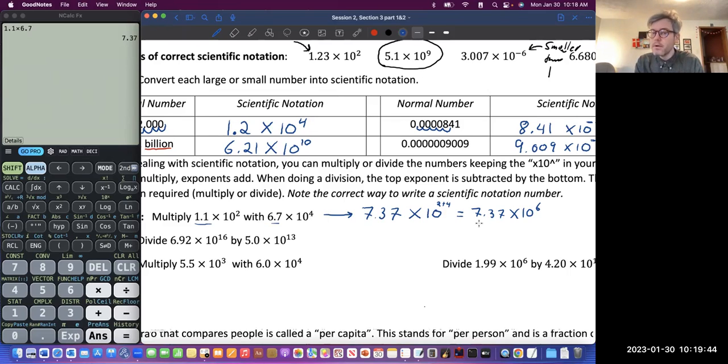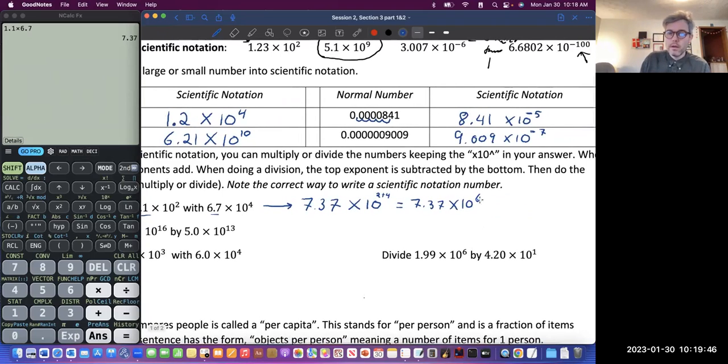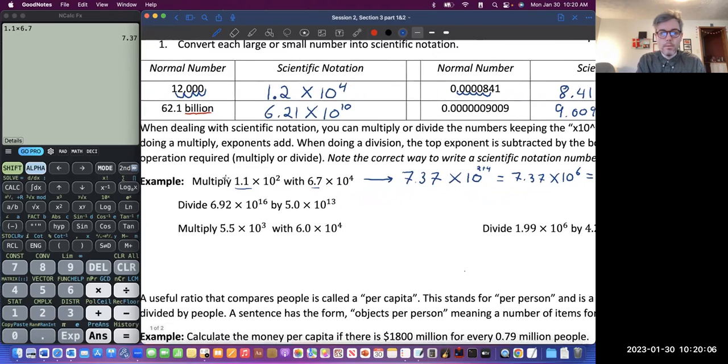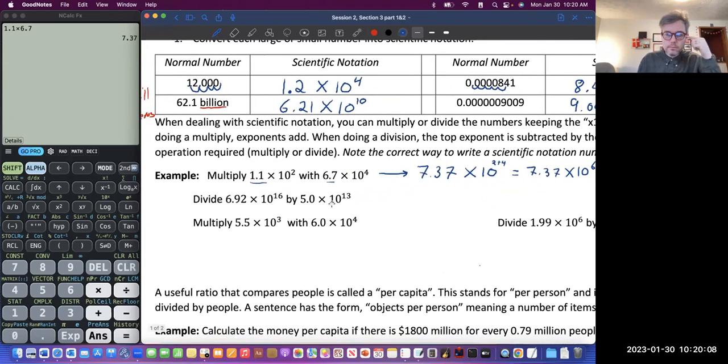So technically, this would be 7.4 times 10 to the 6th. But right now, I'm just not so worried about the rounding. I'm more concerned with how did we get times 10 to the 6th? Where did that come from? We just added the exponents. I hope that makes sense.